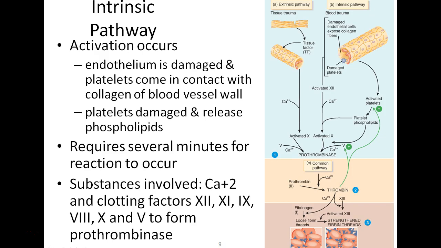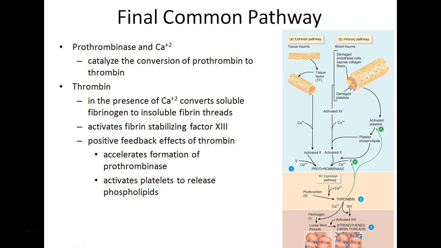And then factor 9 binds with the calcium and a platelet factor 3 to form a complex that converts inactive factor 8 to an active factor 8. Lastly, we're going to get factor 8 converting an inactive factor 10 into an active form of 10. And this activated form of factor 10 is then going to lead to that substance prothrombinase.